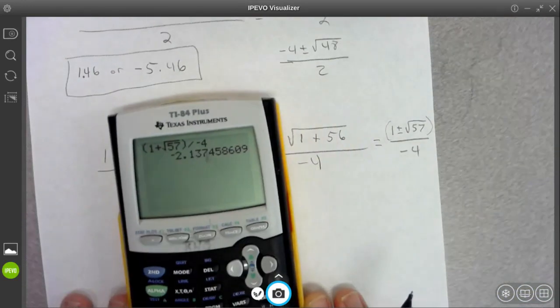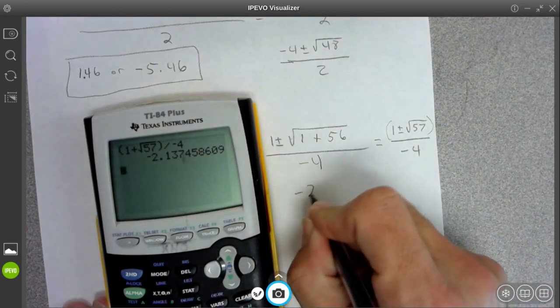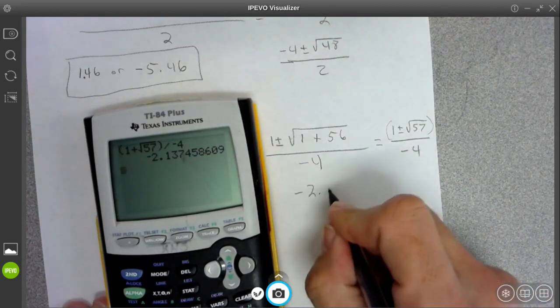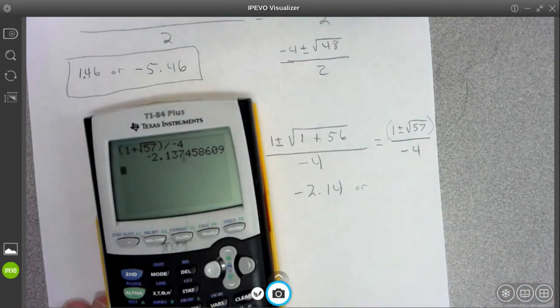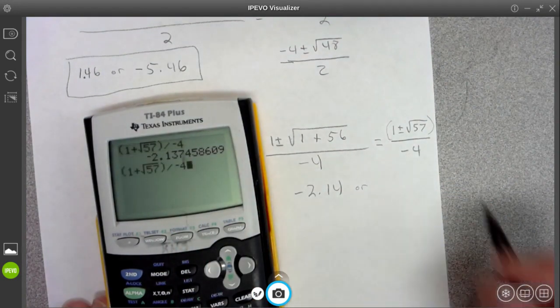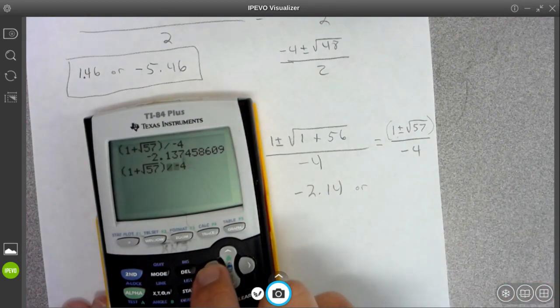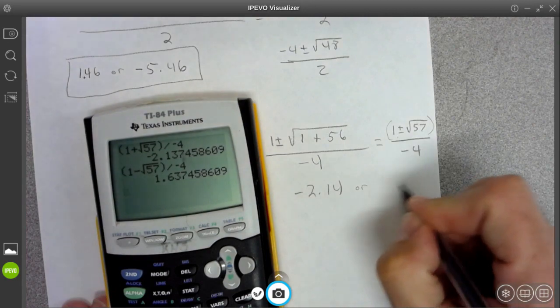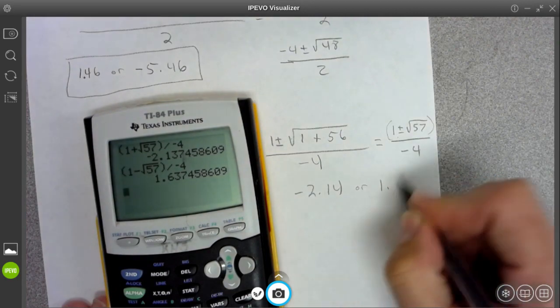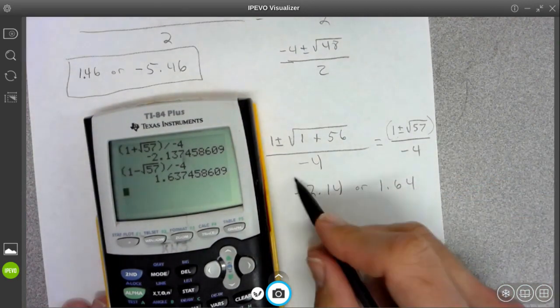So negative 2 that'd be 1/4, I guess, round it up. And then we go back up and do the negative version. Change that to a minus. Okay, 1.64.